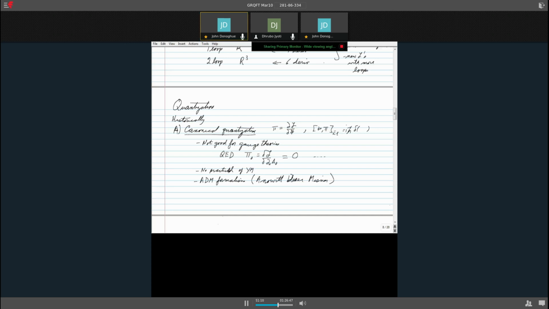Okay, so in general, for example, an easy flaw you can see in QED is that the canonical momentum, which would be the variation of the Lagrangian with respect to the time derivative of A0, doesn't exist because F mu nu is antisymmetric. There are no time derivatives of A0.